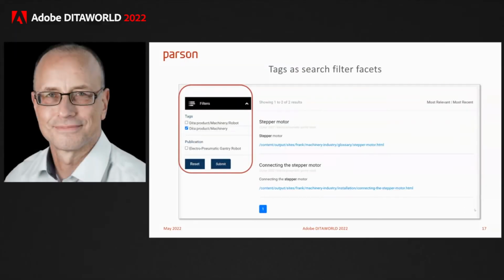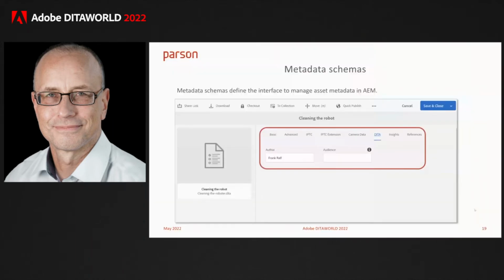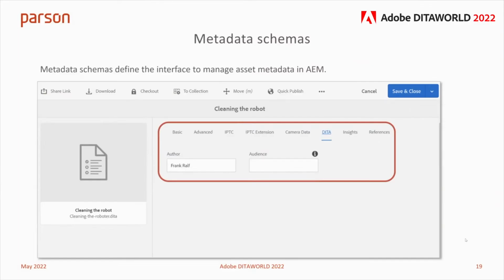So now that we have seen how metadata is used in AEM, let's look at how to manage that metadata in AEM. The first thing is the so-called metadata schemas. You can use these metadata schemas to define the interface to manage asset metadata. You can either modify existing metadata schemas or you can create metadata schemas from scratch in AEM.